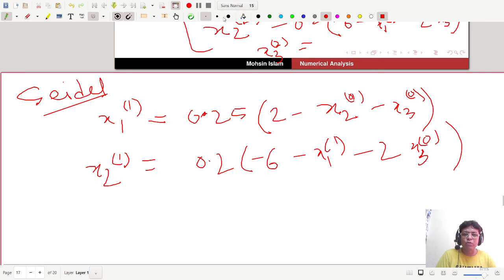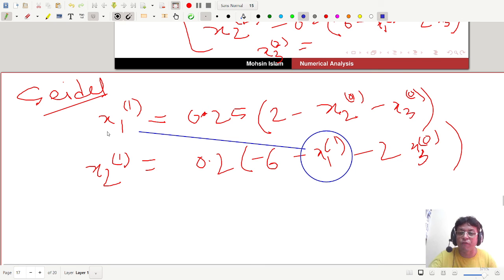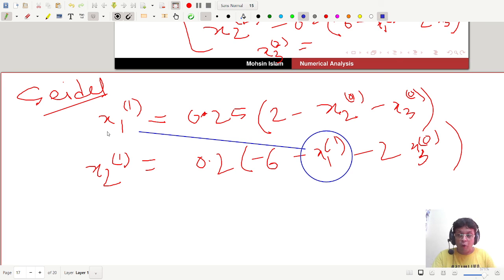So look at that, I am using the improved value from the first equation. So immediately in the second equation we can use the improved value of x1, but that is not possible in Gauss Jacobi iteration.